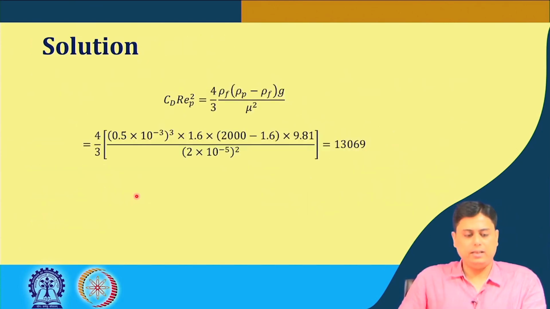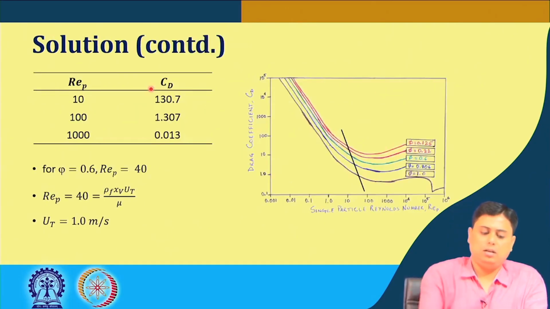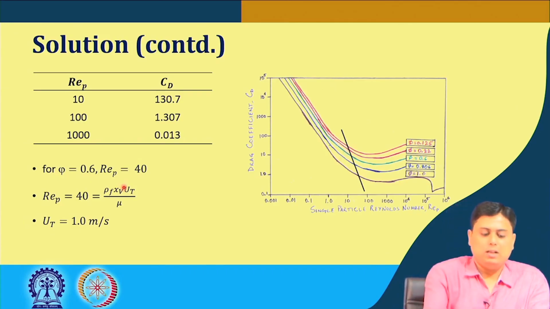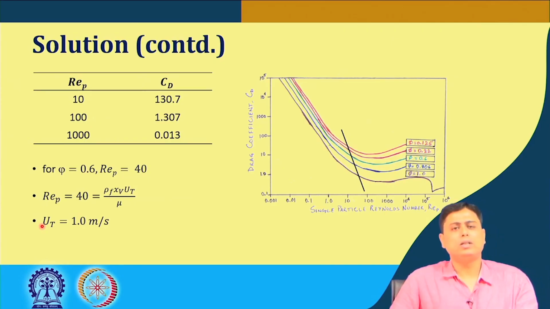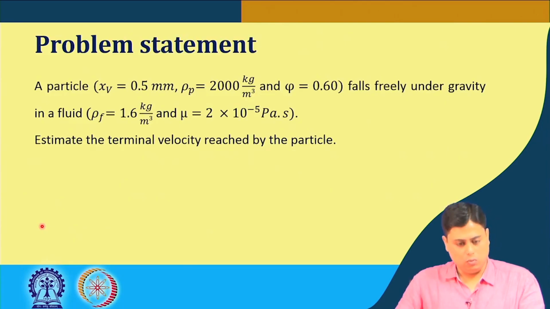The x v is directly this value, 0.5 millimeter, because this REP already takes the sphericity into account. We find that the terminal velocity ut is 1 meter per second. So this is how we calculate the terminal velocity when the diameter is given with a sphericity value.